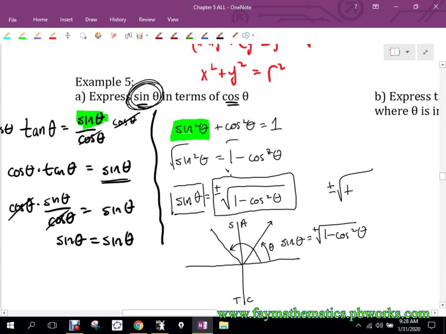Okay, so now that's theta. Sine is positive in the second quadrant, correct? Sine is the only one that's positive in the second quadrant, so this is going to be a positive number right here. So again, the same logic, I need to pick the positive square root.